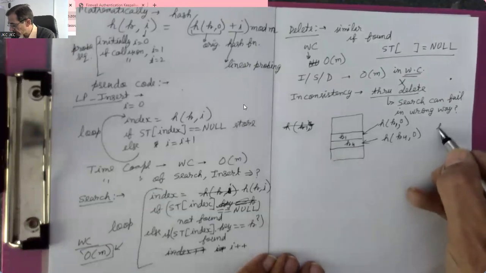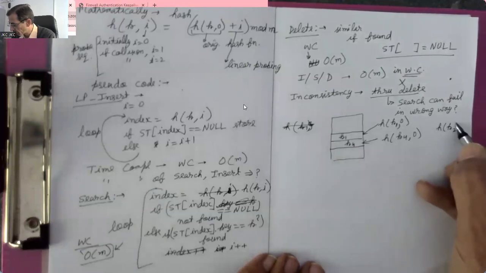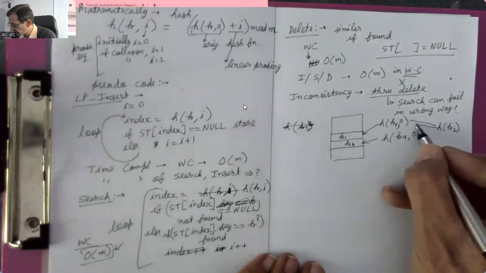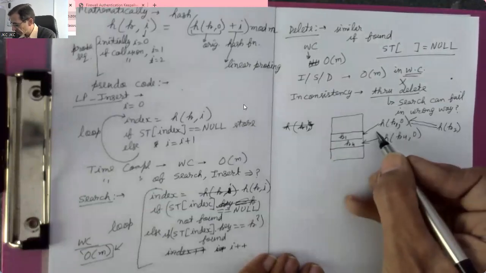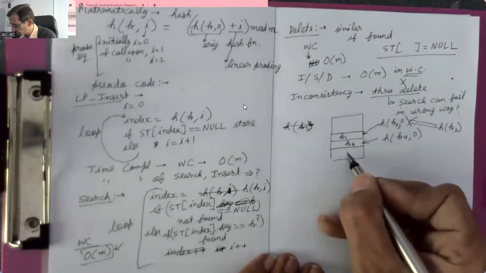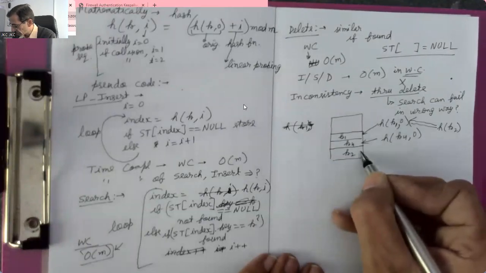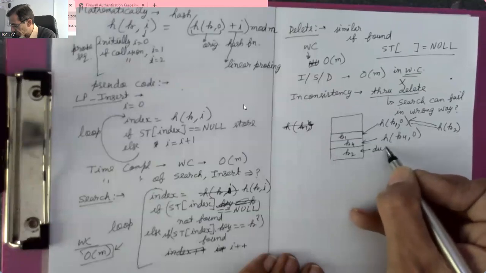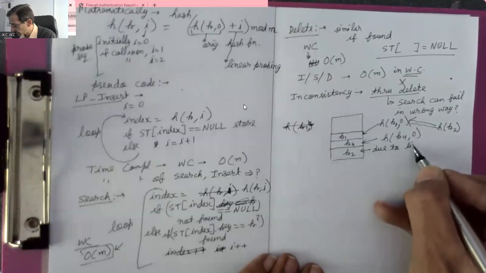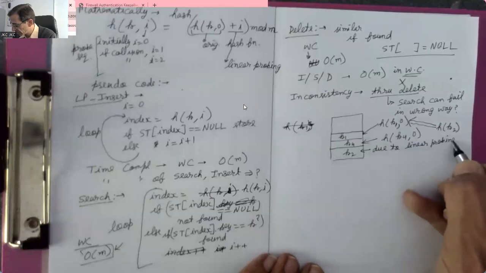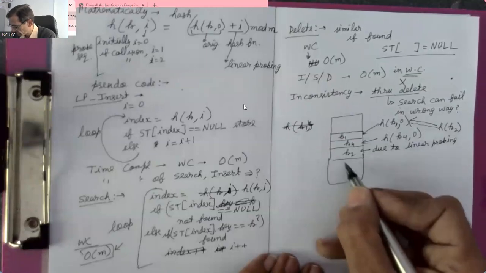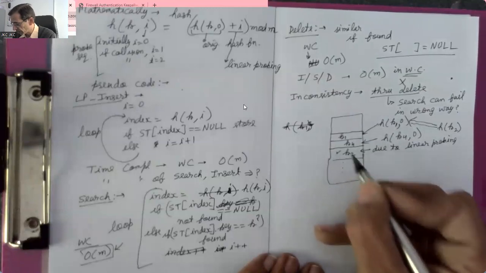Let's assume now came H of K2, which is the same as H of K1. So it mapped to this, and then because of overflow, your K2 gets stored here due to linear probing. Because the next location was full, it came to the next, and so on. So now this is there.